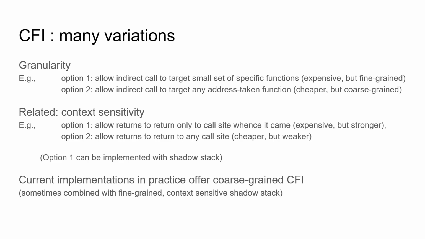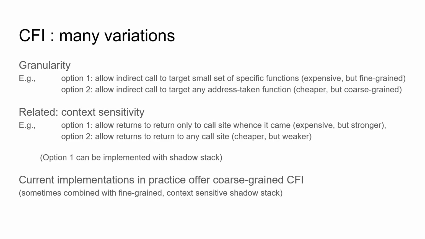Alternatively, what you can do is to allow an indirect call to target any address taken function. So any function that could be used in a function pointer. In that case, you only have to give all of these functions the same label and check whether or not we're targeting that particular label.